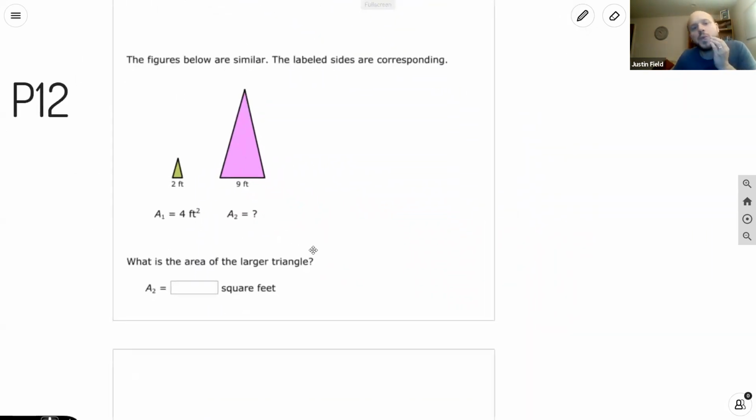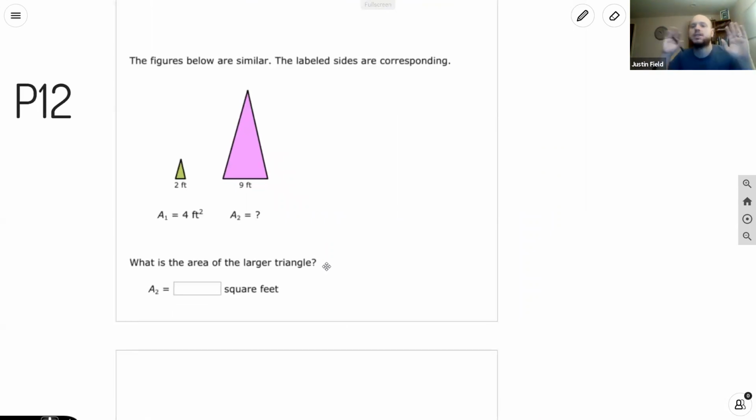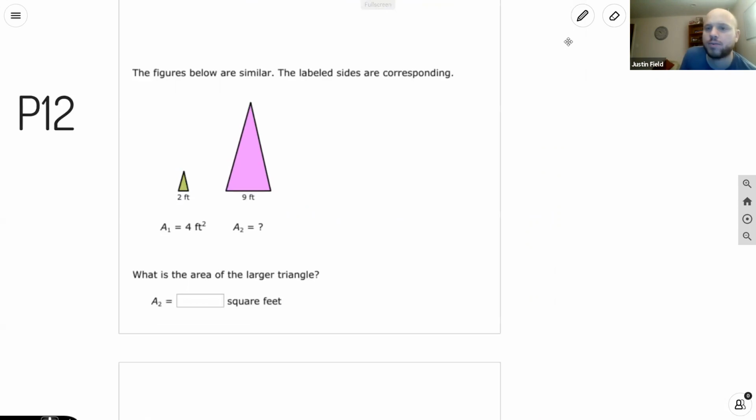So when you have similar figures, like we just did, setting up proportions between the sides, the sides are proportional. The perimeters are proportional. The angles are congruent.